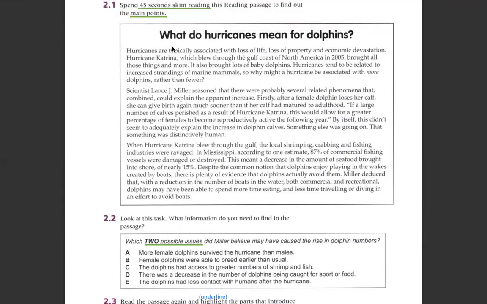Oh, okay, sorry, that's more than 45 seconds, so you can stop reading. All right, so the next thing you can do is to have a look at the question and see what information do you need to find.